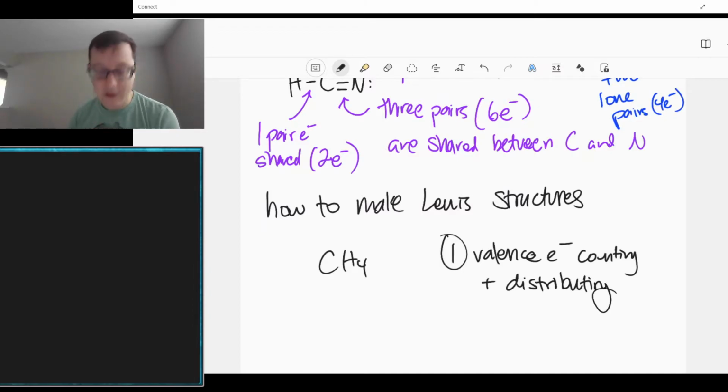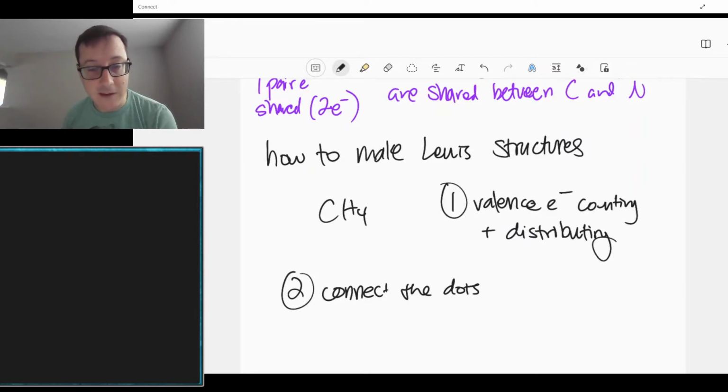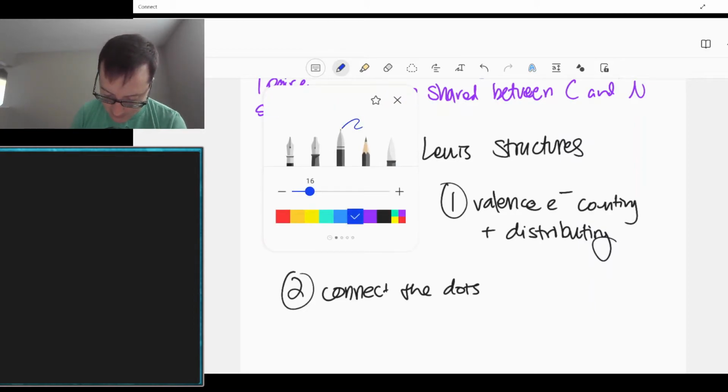So we have a method of counting valence electrons and distributing them. Option two will be the kind of connect the dots method. These aren't formally named methods, but we'll see how this is going to work. Both of these do have some considerations to keep in mind.